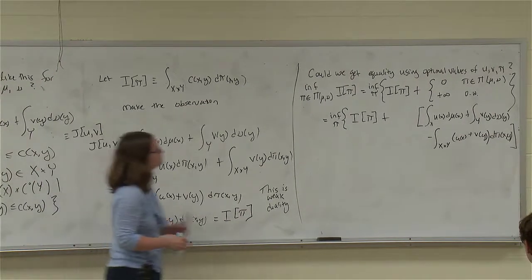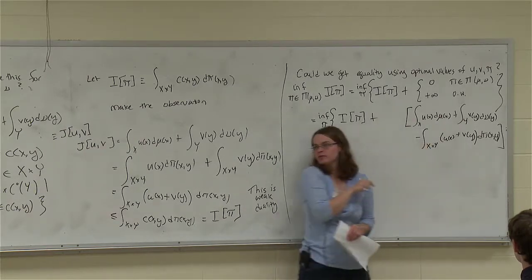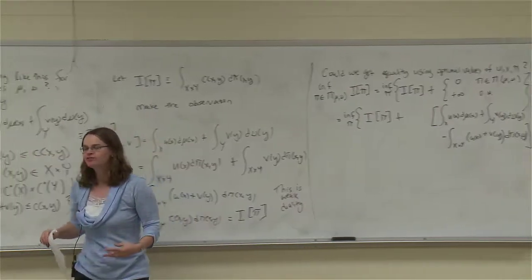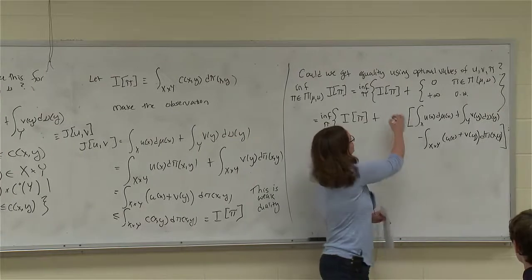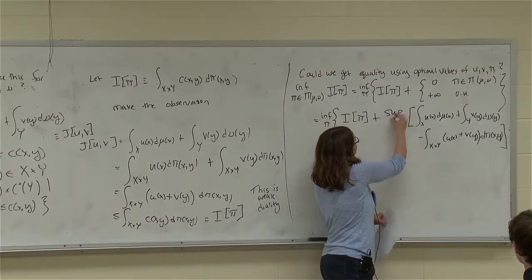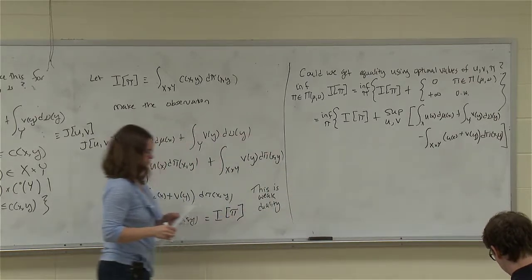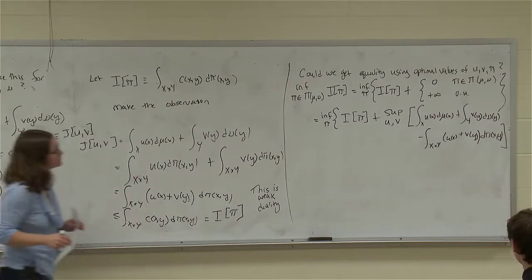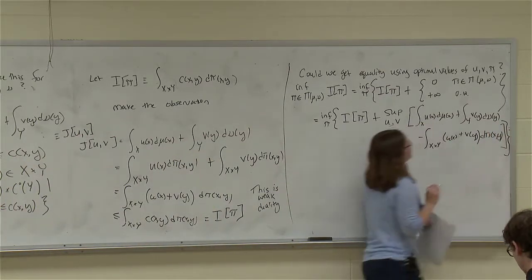Let's see if we can pick the u and v that make this whole expression as large as possible. We're trying to get something that could potentially hit infinity. So let's start by saying, how big can we make this? I'm going to just say, let's let this be the supremum over all u and v. I think I'm missing a closing brace there.